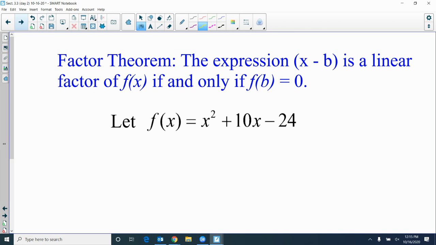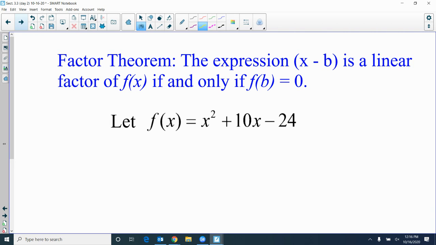If x plus 7 is a factor, then f of negative 7 has to equal 0. Here's what the if and only if means: it works both directions. If I tell you that f of 8 equals 0, what can you tell me? Then x minus 8 is a factor. So it works both directions.